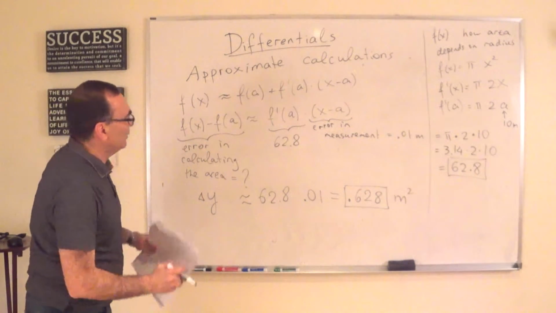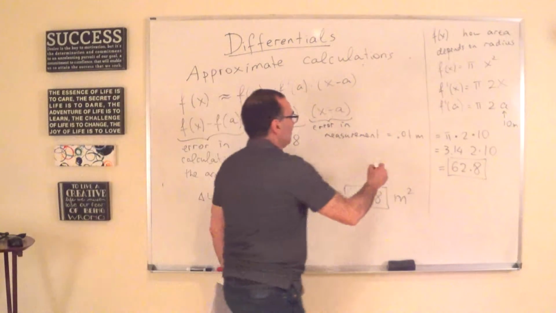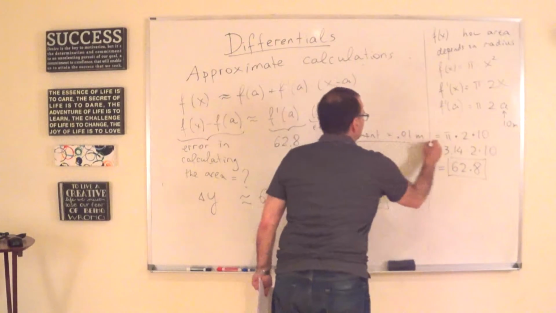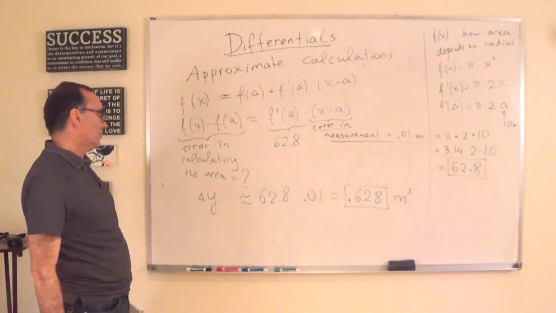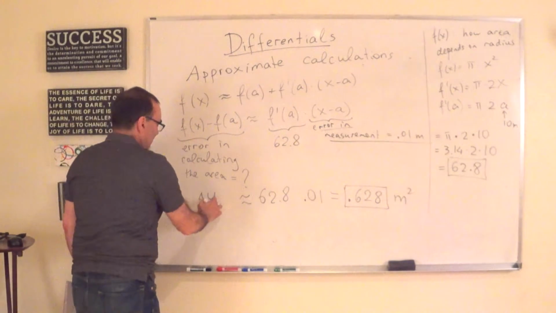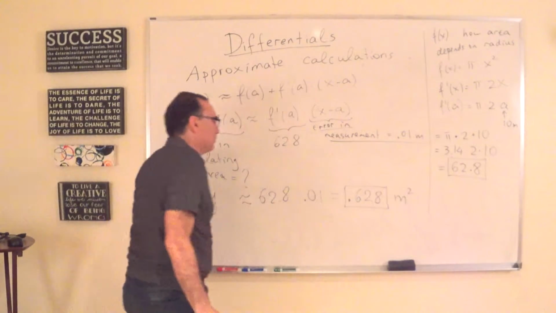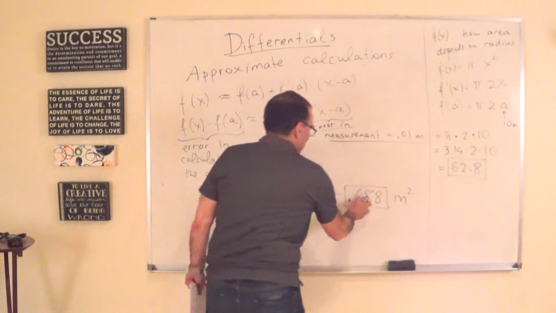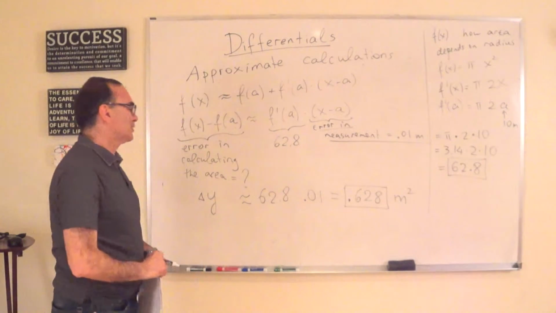So this is the error in calculating the area. Now here's what we got actually. The radius of that circle was measured with an error of just 1 centimeter, 1/100 of a meter. But the area of the circle was calculated with an error of almost a full meter squared, like 0.62 meters squared, which looks pretty large.